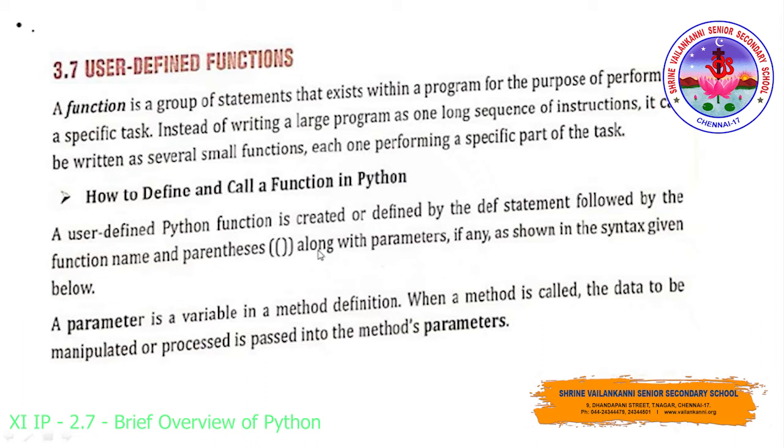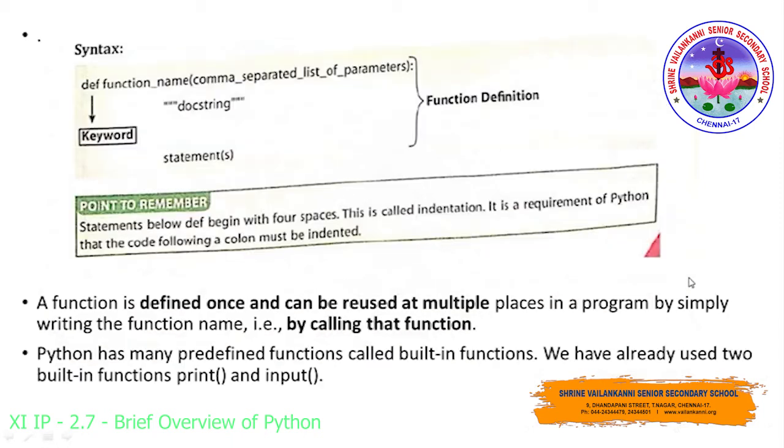Within the parentheses we may give parameters or we may not, it is up to us. Usually inside the parentheses we define the variables, or the values we want to pass into the program. Let us see how to define a function based on the syntax.